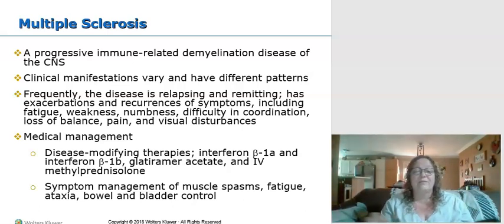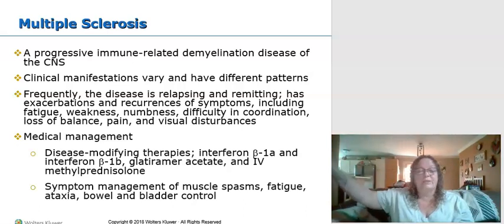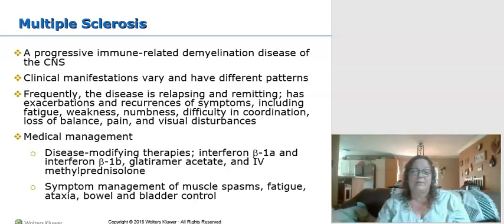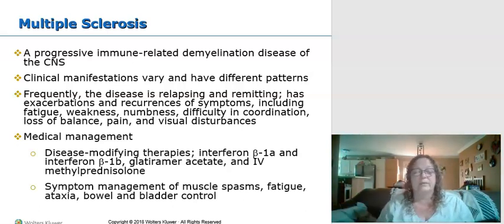So MS can take several forms, with new symptoms either occurring in isolated attacks, so this is a relapsing form, or building up over time. This is the progressive form, right? So it could be remitting and recurring, or progressively getting worse.